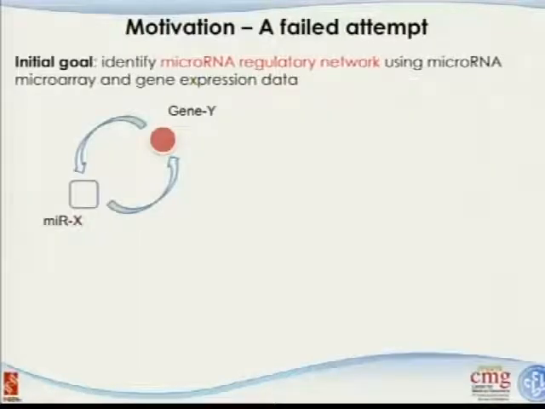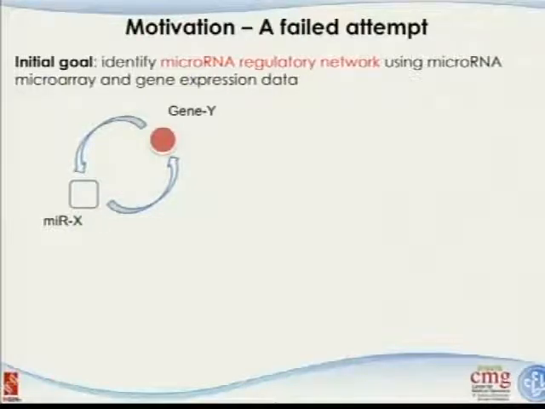Okay. And our initial goal here is, we know that microRNA will target the gene and bind in the 3' UTR of the gene, and then further kill that gene. So microRNA has this kind of regulatory relationship to the gene. But if this gene is a transcription factor, it will potentially come back to regulate the transcription of the microRNA.